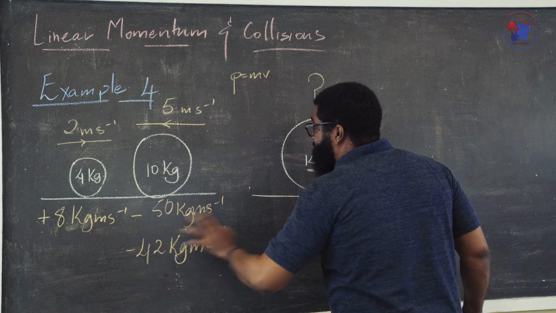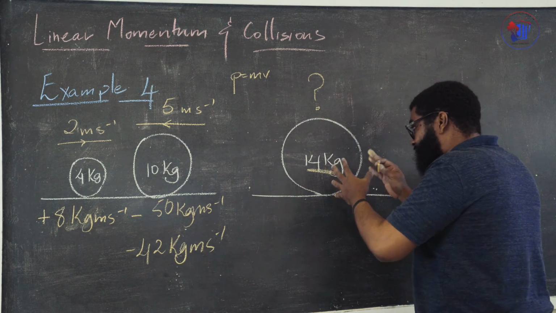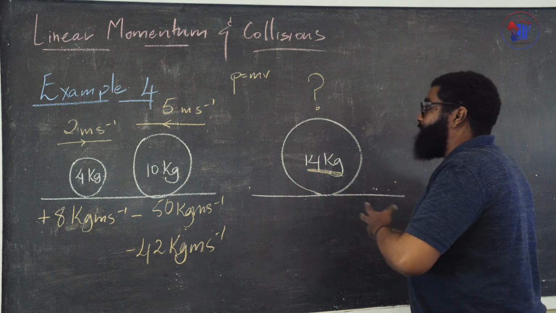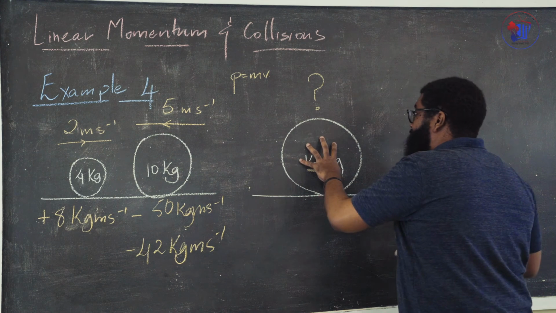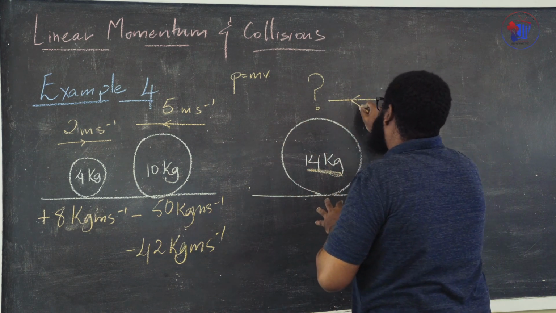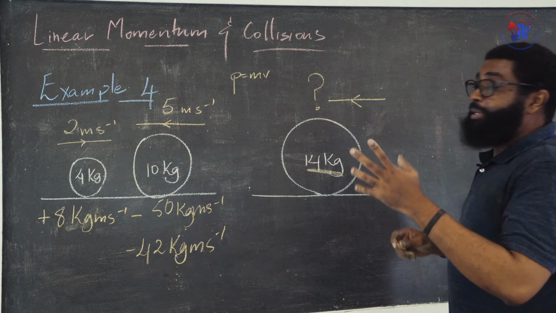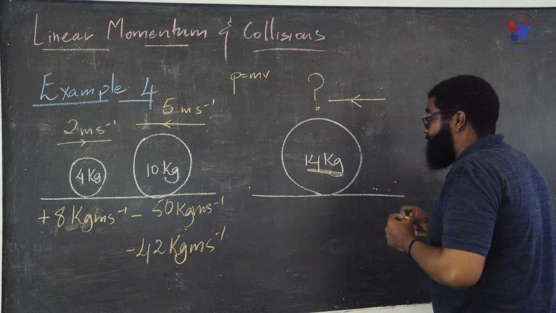Now, this minus 42 kilogram meters per second is essentially the momentum of this 14 kilogram object after the collision. So what it means is that this 14 kilogram object is moving to the left, like Beyonce said, and we just have to work out its velocity.